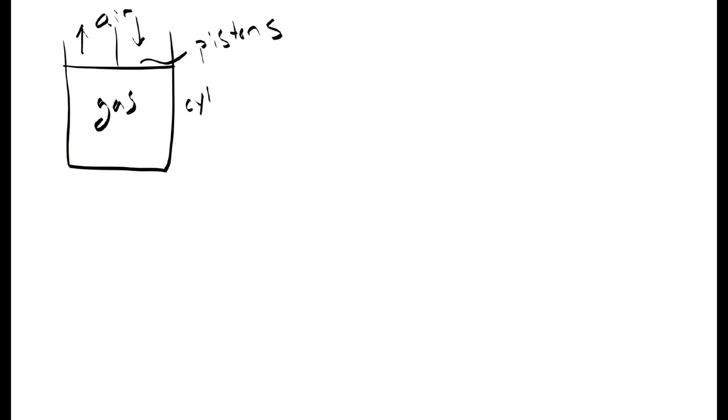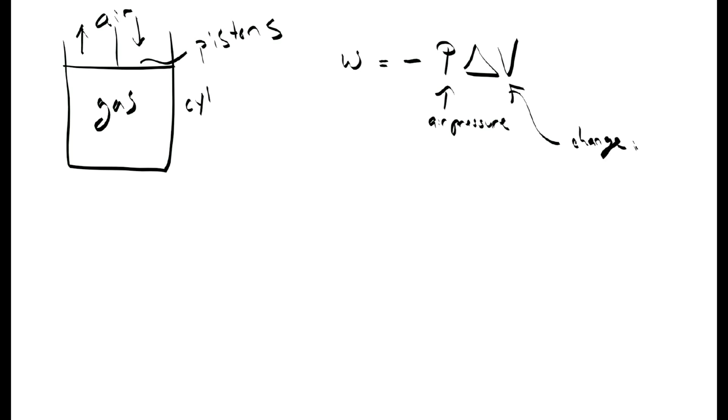The way we think about work in a situation like this is work is equal to negative P delta V. P here is air pressure, and delta V means the change in volume inside the cylinder.